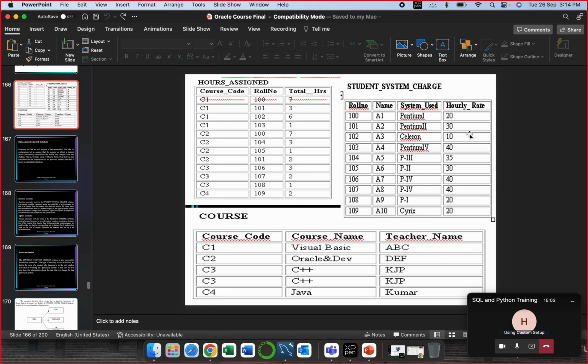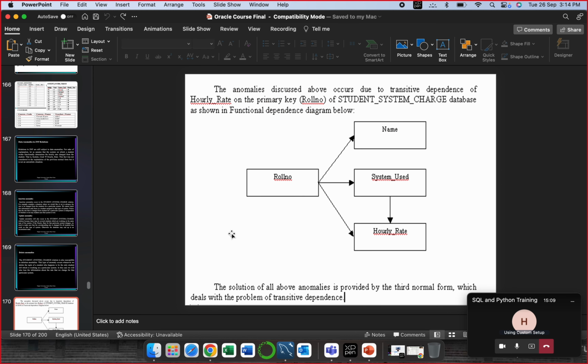But because hourly rate depends on system used. So in that case, this shows us clearly, if you see this picture, from roll number, I can identify name, I can identify system used, I can identify the hourly rate for a particular system used, but there's another dependency on the hourly rate. Hourly rate is completely dependent on the kind of system being used.